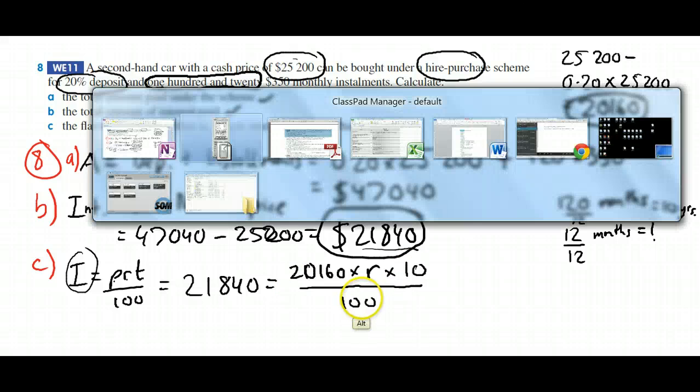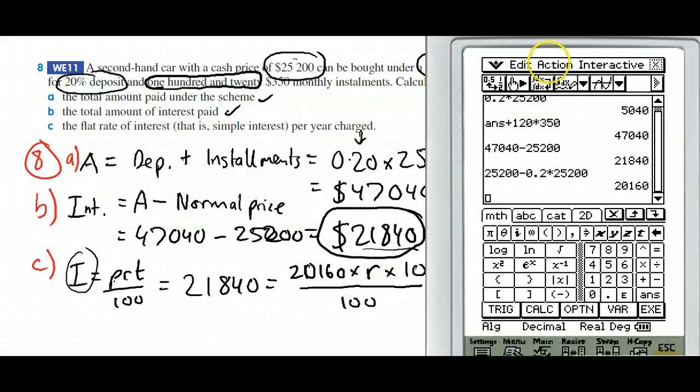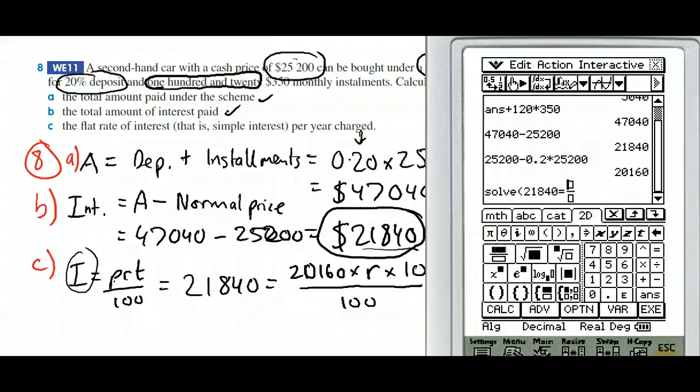Alright, when we put this into the calculator, we'll need to use the solve function this time. So we want to solve 21,840 equals, let's make a fraction, 2160 times R times 10 years, and put it all over 100.